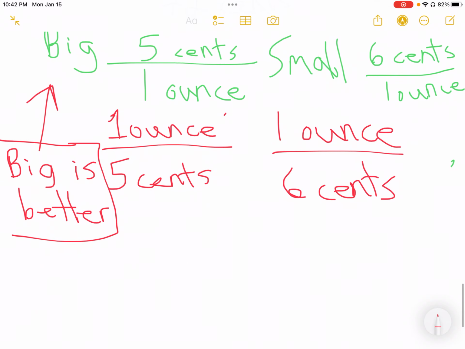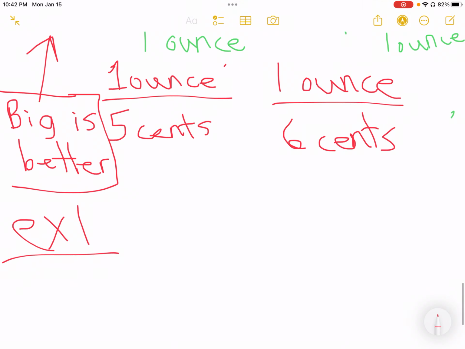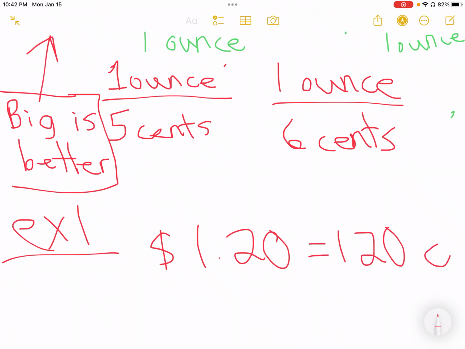And then if you want to go to example 1 real quick, that one just says 20 pounds of beans sold for $1.20. Okay, so if I write 120 out, well, that's the same thing as 120 cents, right? And sometimes you abbreviate it like that.